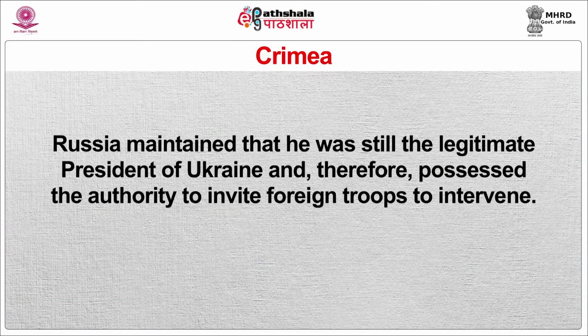The classical understanding is that only the official governments, but not opposition groups, are entitled to such requests and invitations. Russia maintained that he was still the legitimate president of Ukraine and therefore possessed the authority to invite foreign troops to intervene.